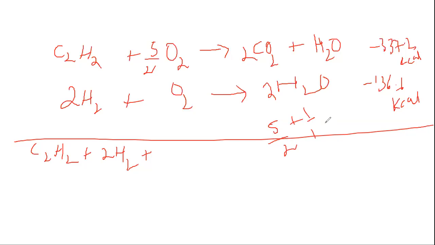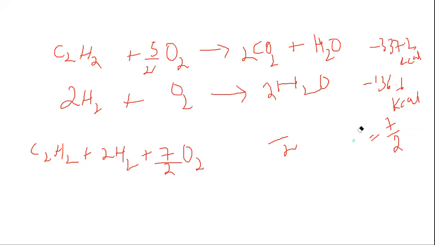So 1 5s are 5, 2 1s are 2. So 5 plus 2 will be equal to 7, divided by 2. This is simple mathematics. So 7 by 2 will be the answer. So you have to write here 7 by 2 moles of oxygen gas.